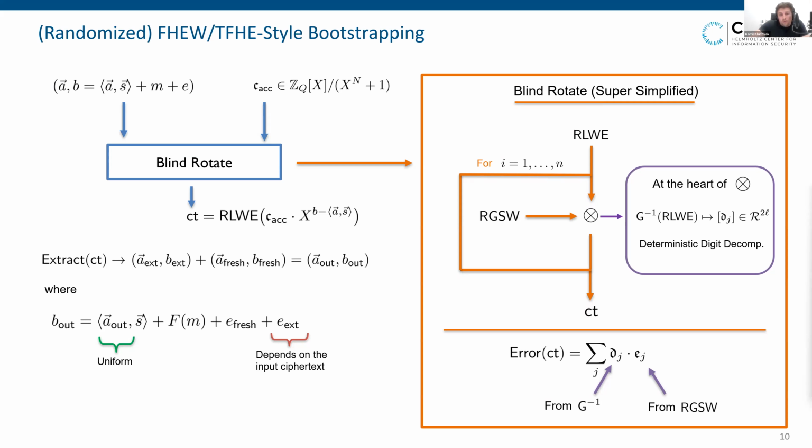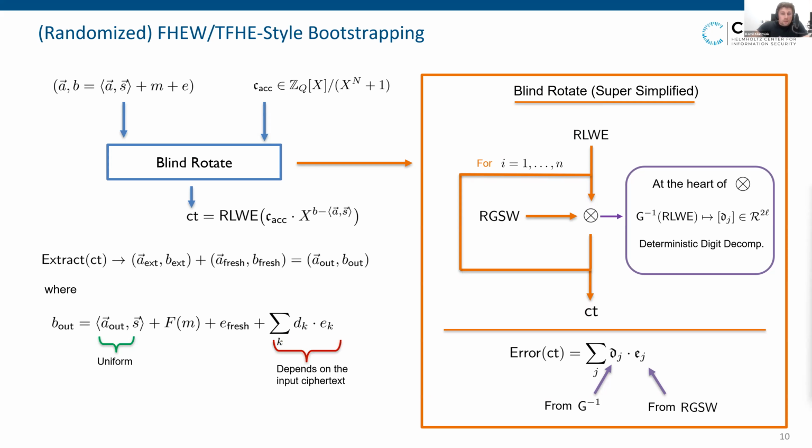Now we can prove that the final error of the ring LWE ciphertext CT is a linear function of these DJ polynomials and the error terms of the ring GSW ciphertexts, here denoted as EJs.